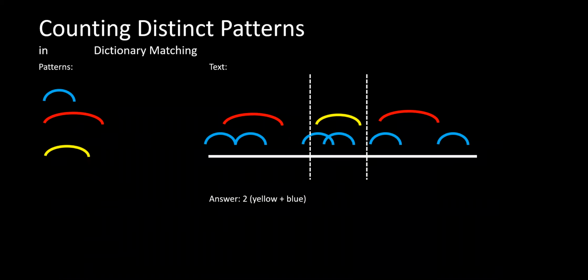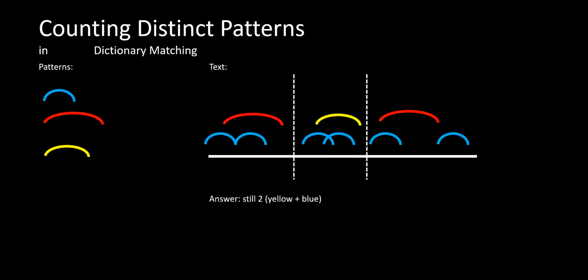So there is some full occurrence in this interval. For example, in this case, it's 2 because there is a yellow arc and there is a blue arc. So there is a blue occurrence and there is a yellow occurrence. And when we push the interval to the left, the answer is still 2 because while one full blue occurrence has been added, it doesn't change the answer because we count only distinct patterns in the query.